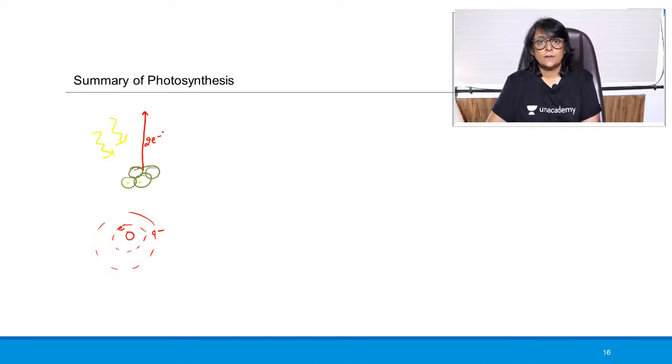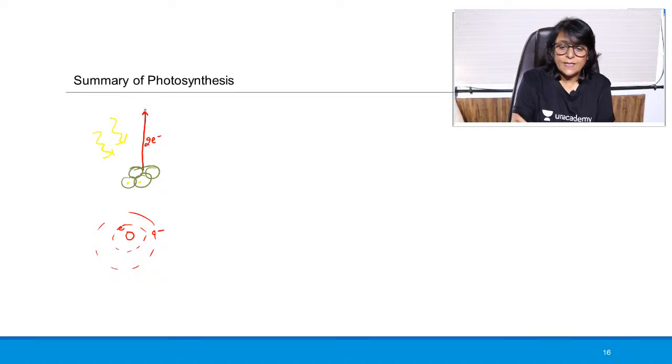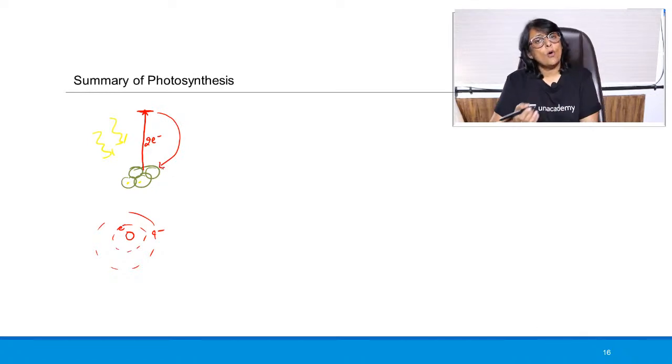If we don't do anything, then what will happen? This pair of electron from higher energy level is going to come back to its original energy level. Initially, there were electrons in all the atoms of chlorophyll molecule.